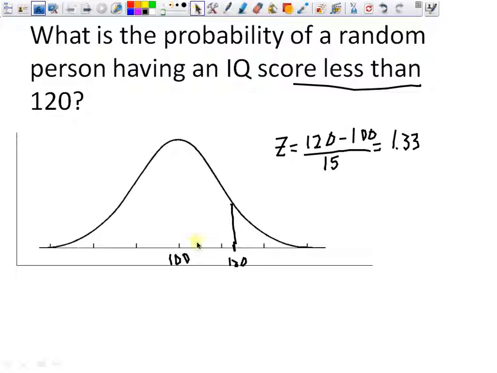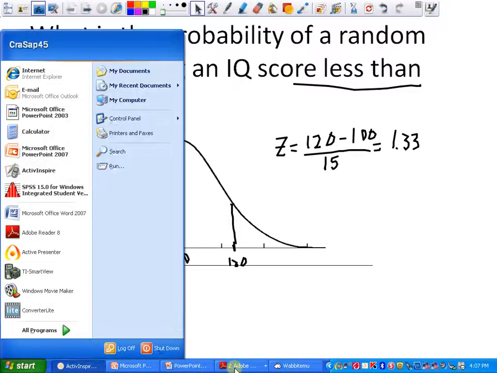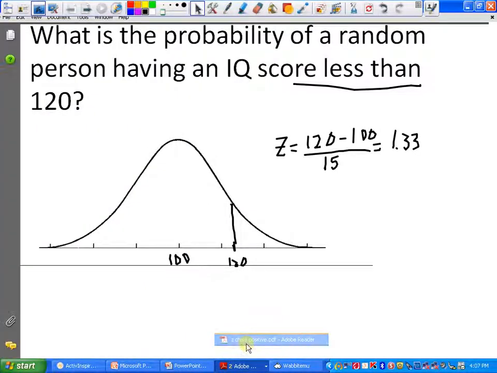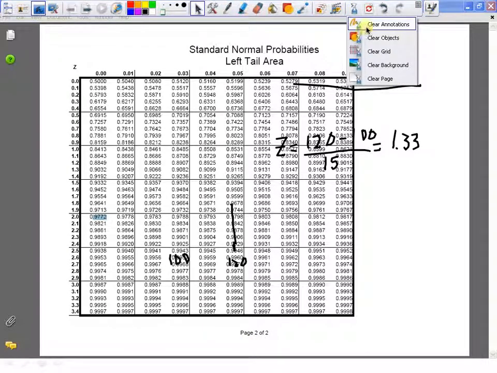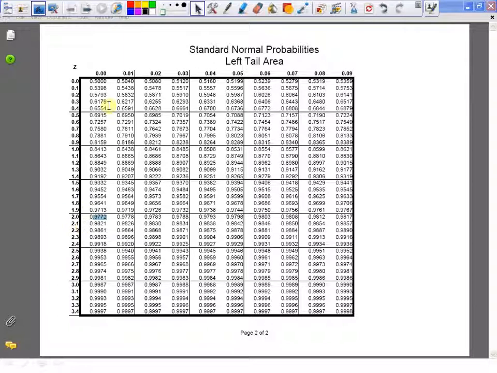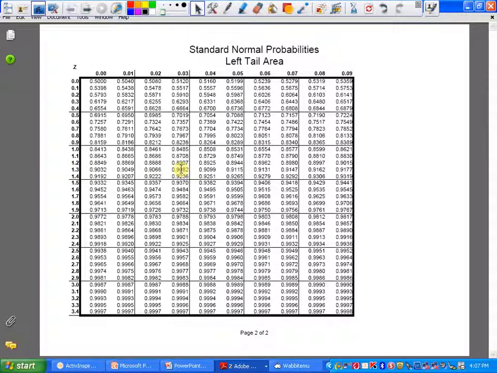So we can take a look at our table. Notice our z-score is positive, so I'll go to the positive z-scores. And I'm looking for 1.33, which is 1.3, the whole number and the tenth decimal. So I'm looking at 0.9082. And since we were trying to find the probability of being less than 120, that's our answer.